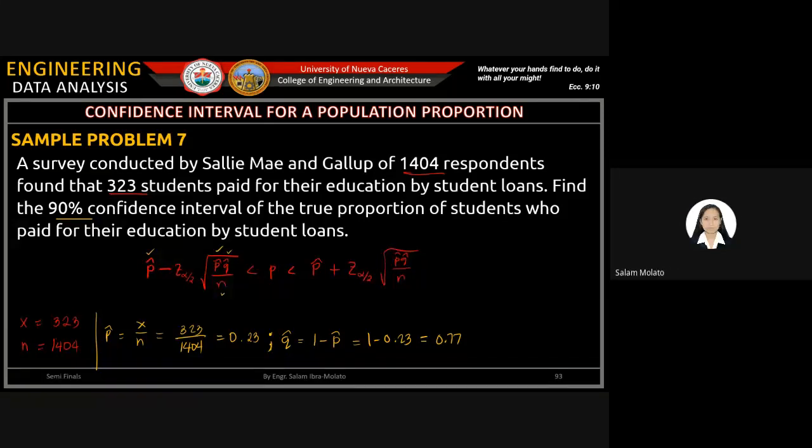Sige. Thank you for that. Para wag na tayong bumalik. Okay. So, Z alpha over 2 is 1.645. Oh, direct substitute na naman. Di ba? Ang dali lang.